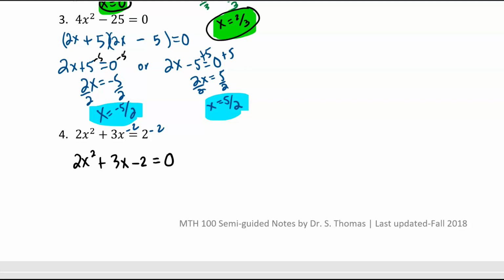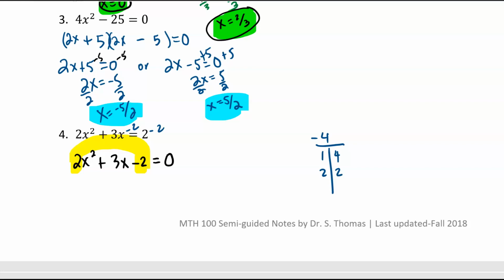So this is the case when you are using the AC method, when you're multiplying a times c, which is 2 times -2, which is -4. Are there factors that will work so that when you add the factors together, you get 3, and when you multiply, you get -4?